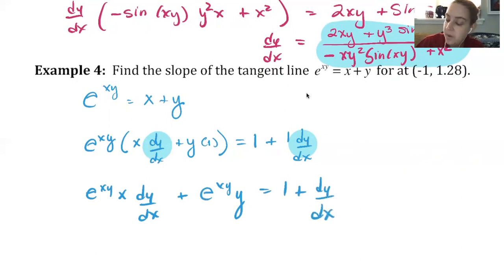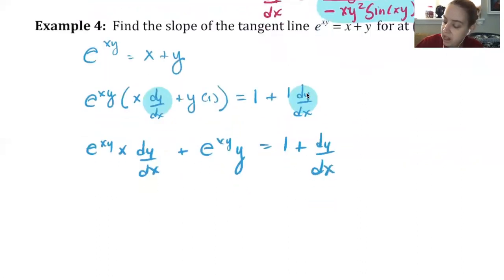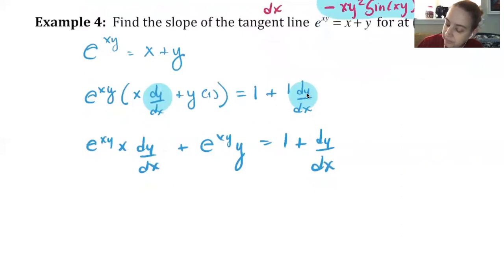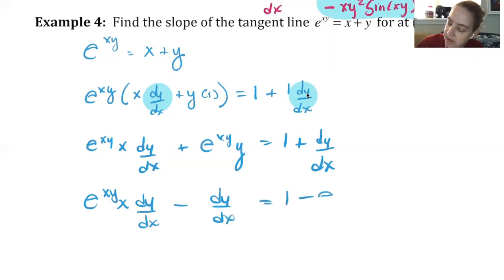I'm going to move the dy/dx terms to the left. e to the xy x dy/dx minus dy/dx is equal to 1 minus e to the xy y.